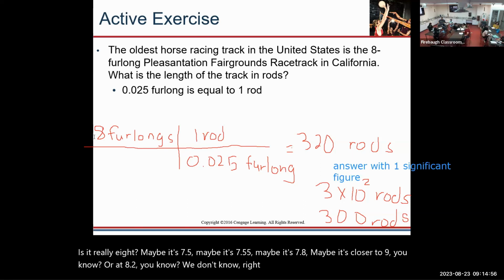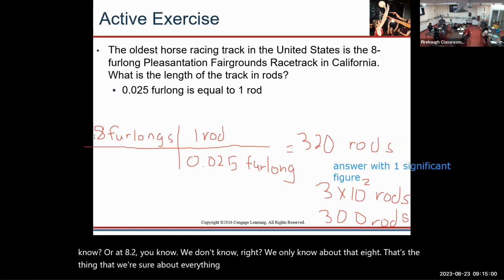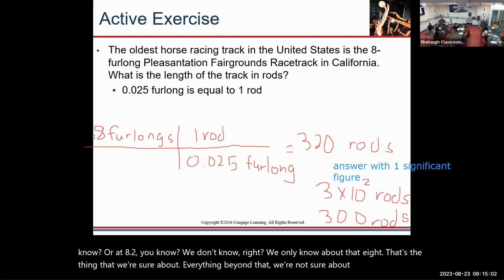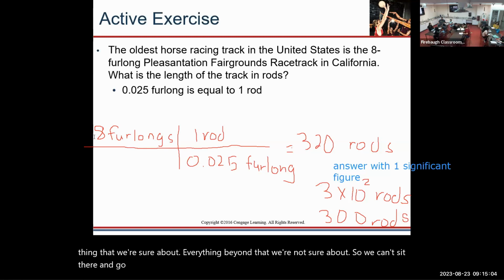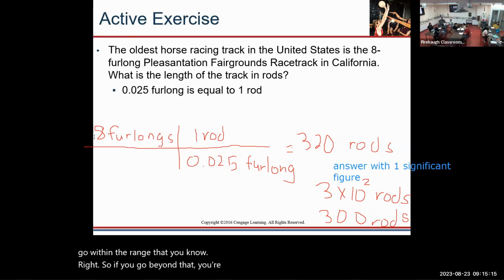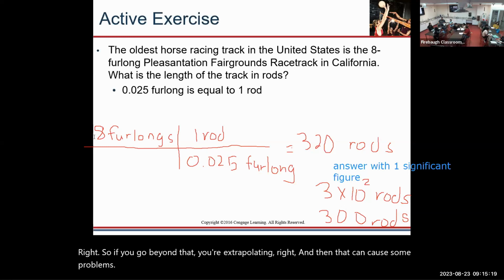We only know about that 8. That's the thing that we're sure about. Everything beyond that, we're not sure about. So we can't go from something that we're unsure about and expand beyond that. You can only go within the range that you know, right? So if you go beyond that, you're extrapolating, right? And then that can cause some problems, okay? Without having enough data.